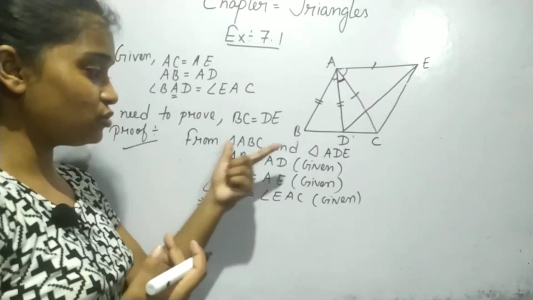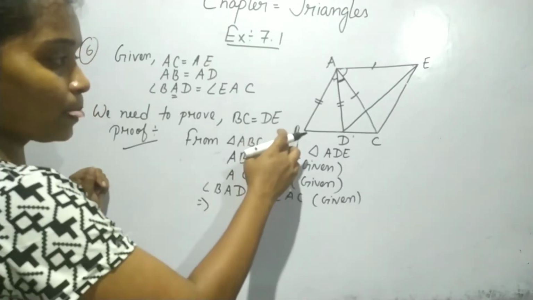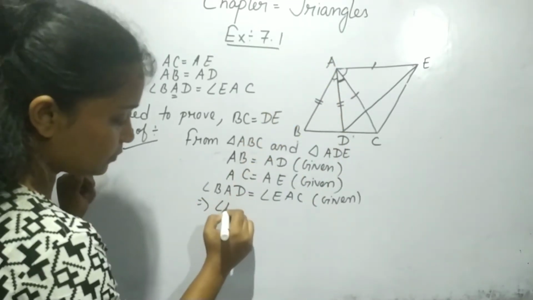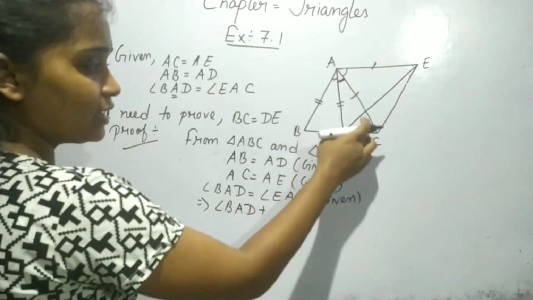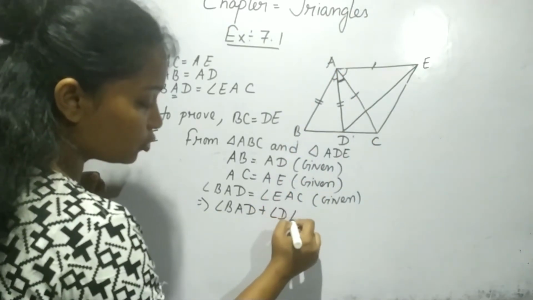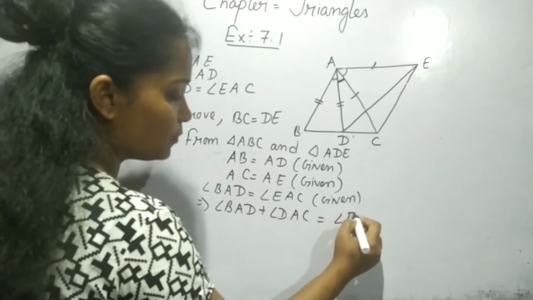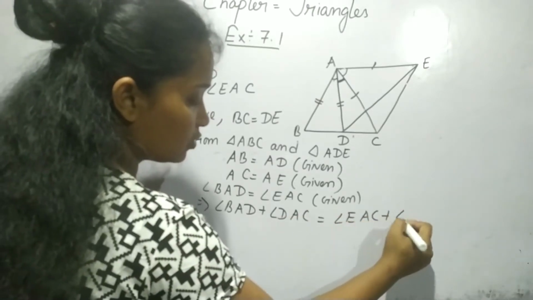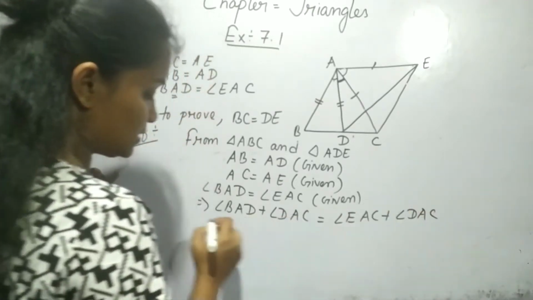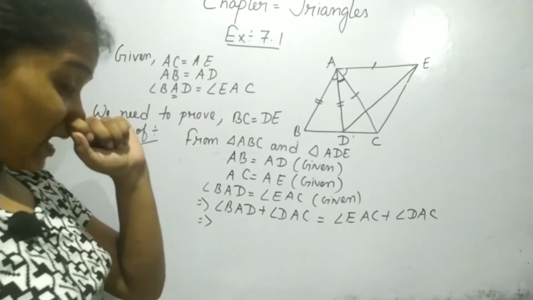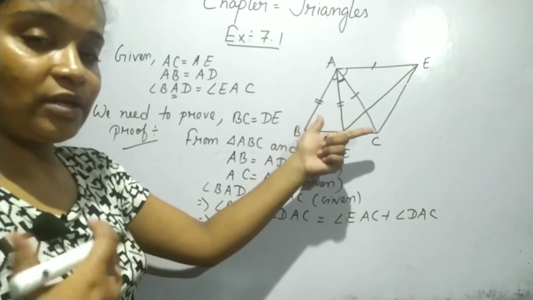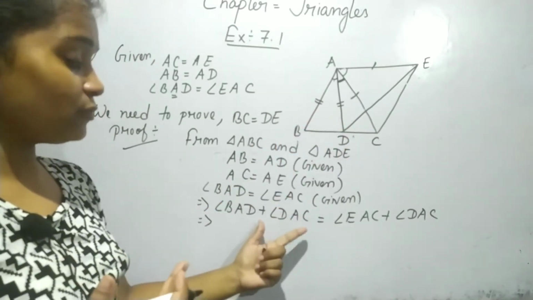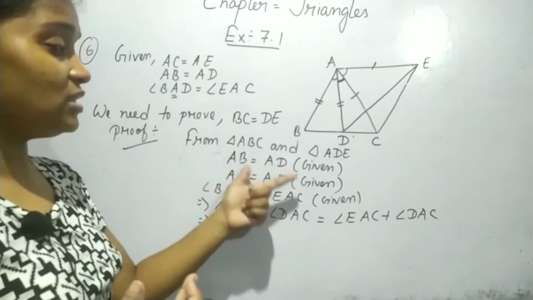That means from these two triangles, here we have BAD, so I am taking BAD plus I am adding DAC on both sides. Why am I adding DAC on both sides? Because I need BAD and EAC, so I have to make them equal, using something from these two triangles.